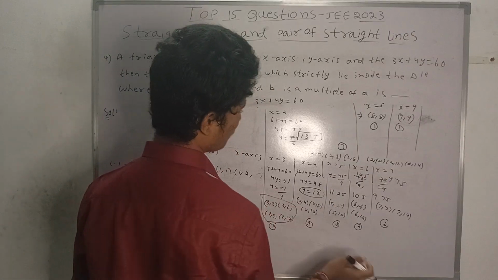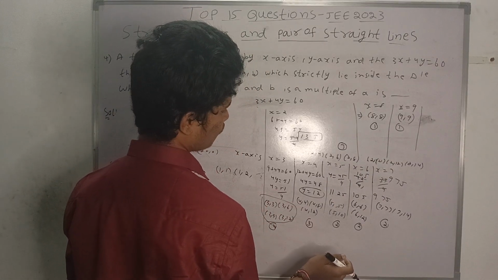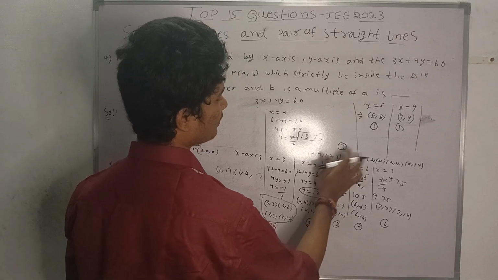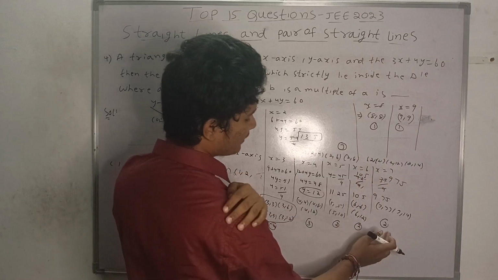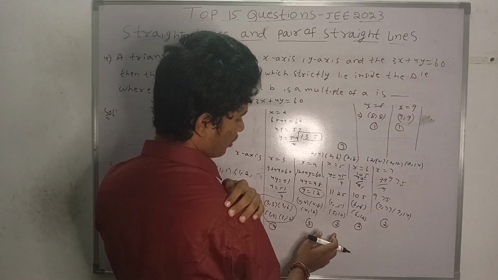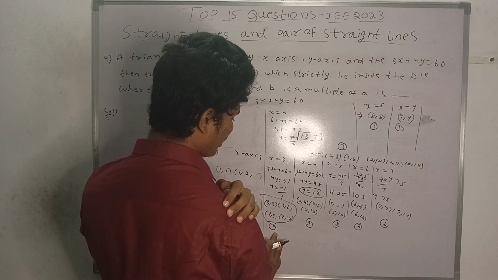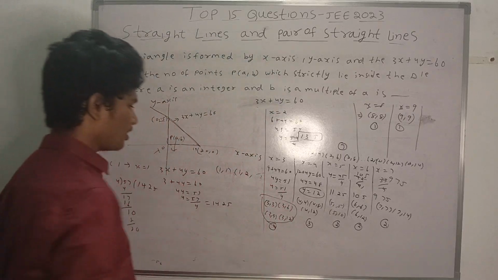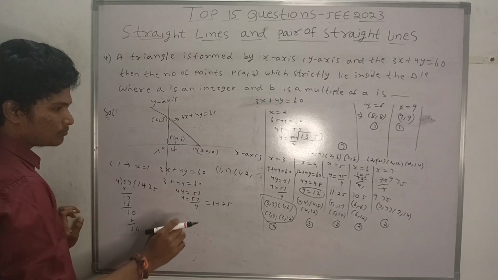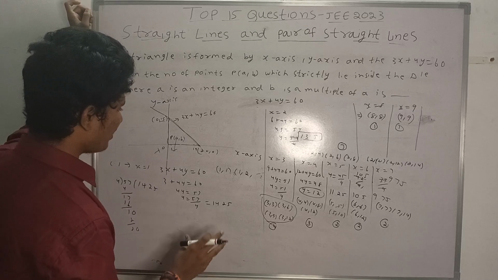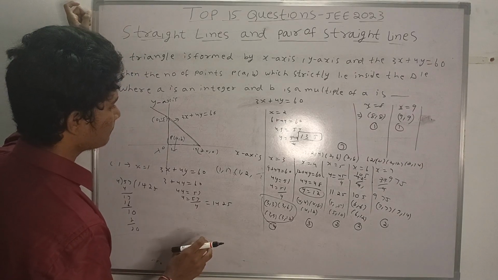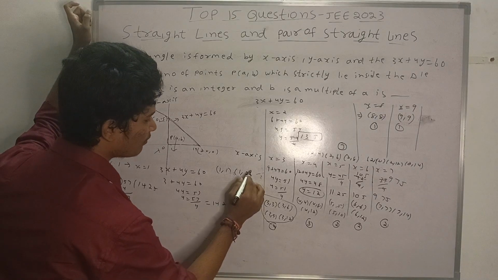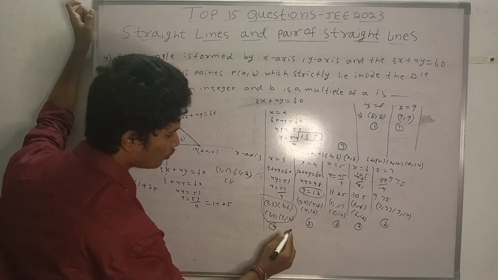That is 1, 2, 3, 4, 5, 6, 7, 8, 9, 10, 11, 12, 13, 14, 15, 16, 17, 18, 19, 20, 21, 22. Up to now here 22.